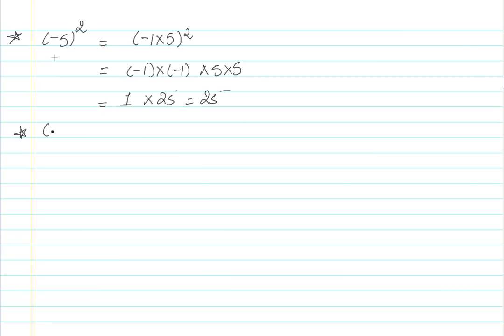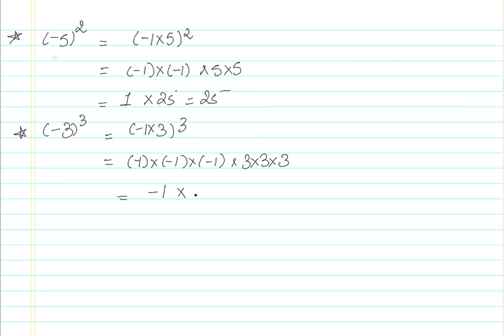In the same way, let's take one more example, minus 3 raised to 3. Here it is minus 1 into minus 1 into minus 1, three times, into 3 into 3 into 3, three times. This gives me minus 1, because it is an odd term, and 3 cubed gives me 27.